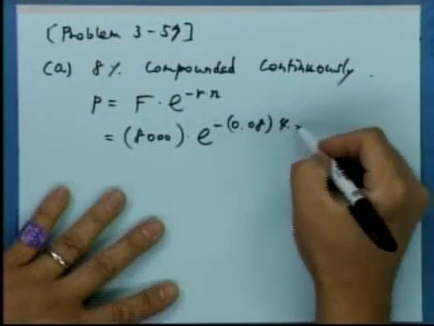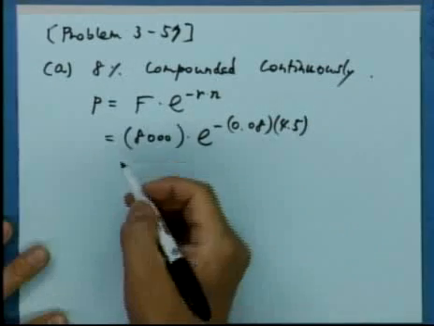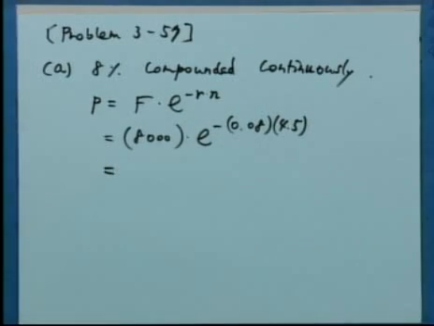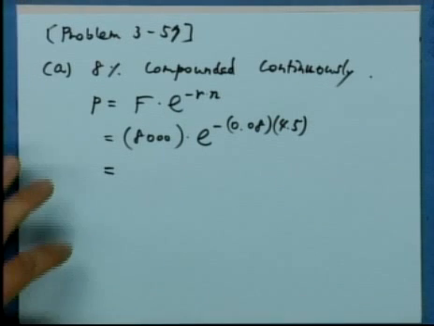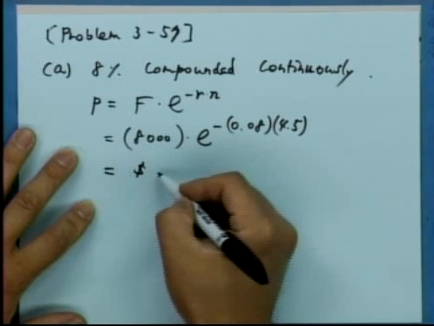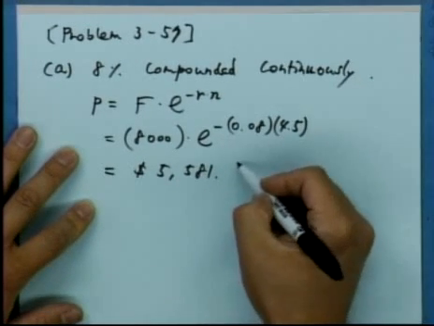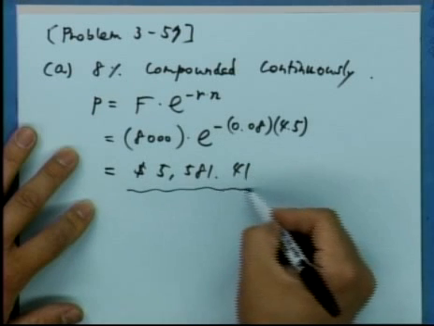So multiply by 4.5. How much is this? This is $5,581.41.